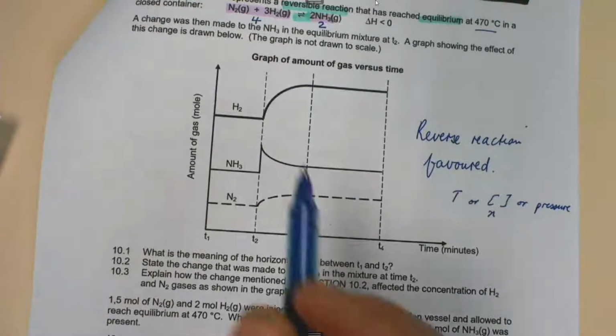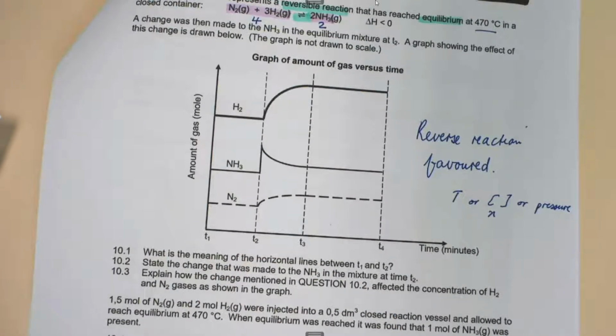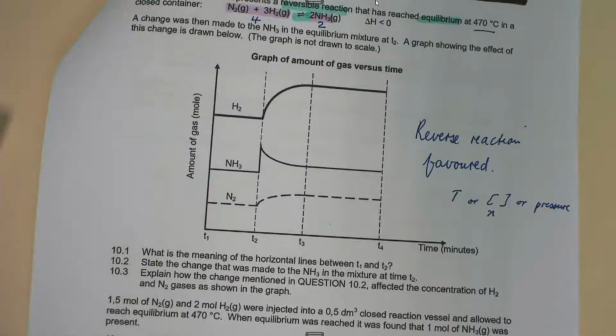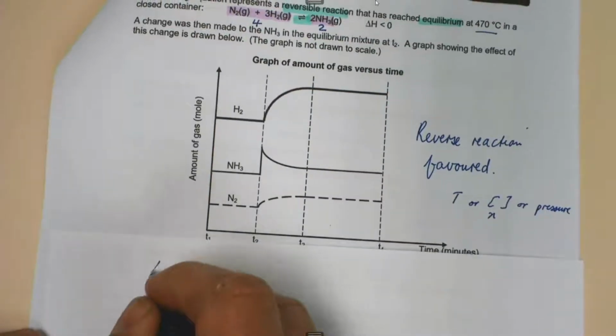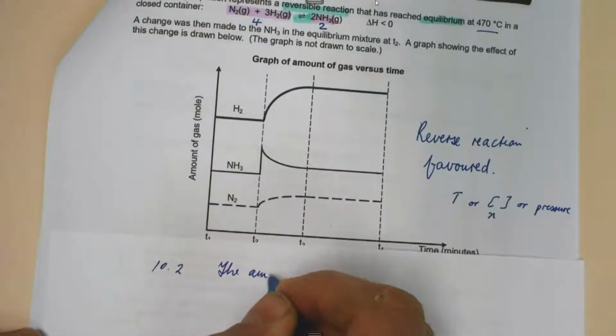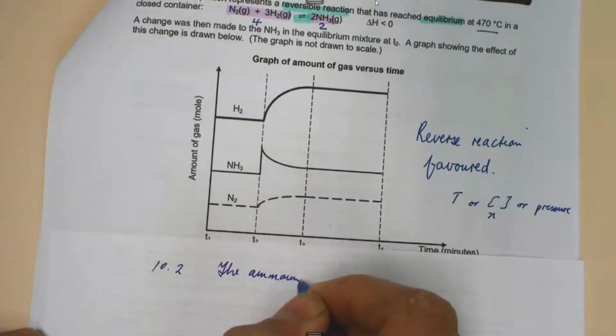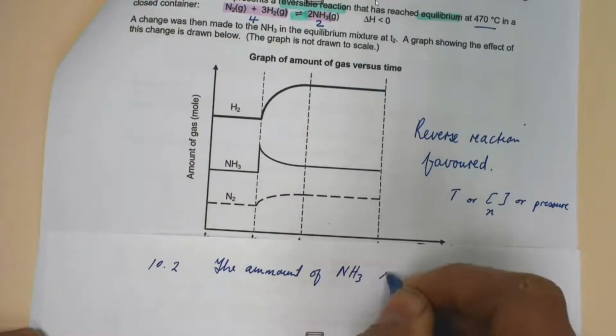Now, only the amount of NH3 sharply rose at that moment. So clearly what was done here is the amount of ammonia was increased. So you could have written down at 10.2, the amount of NH3, ammonia, increased.